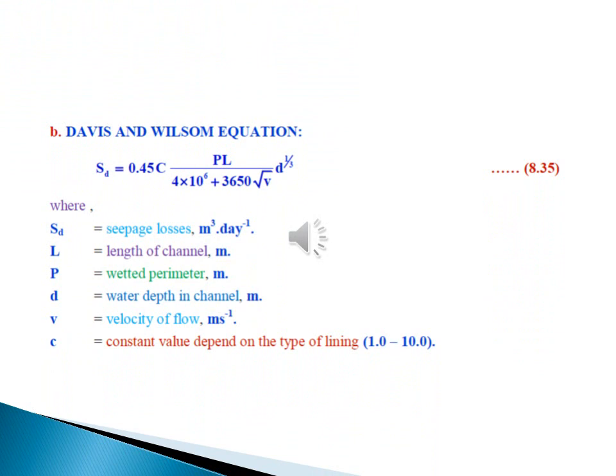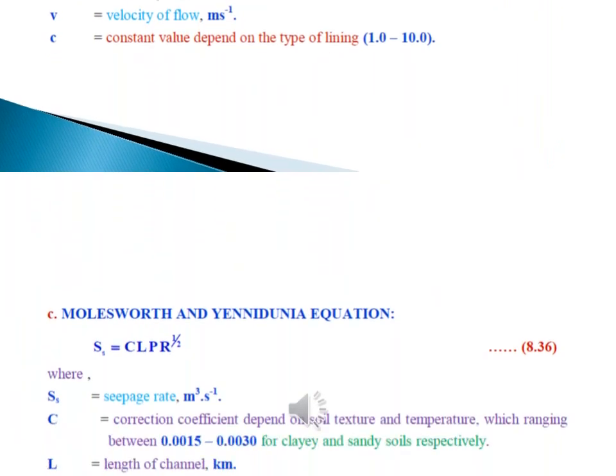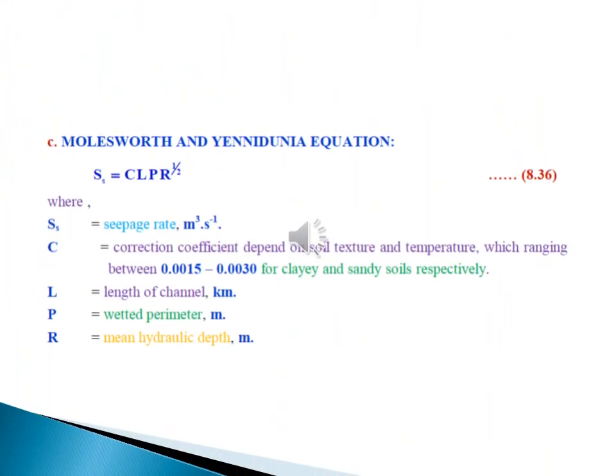Etcheverry and Watson equation: follow it, my dear, it is so easy in front of you. Molesworth and Yennidunia equation: follow it, my dear, it is so clear in front of you.